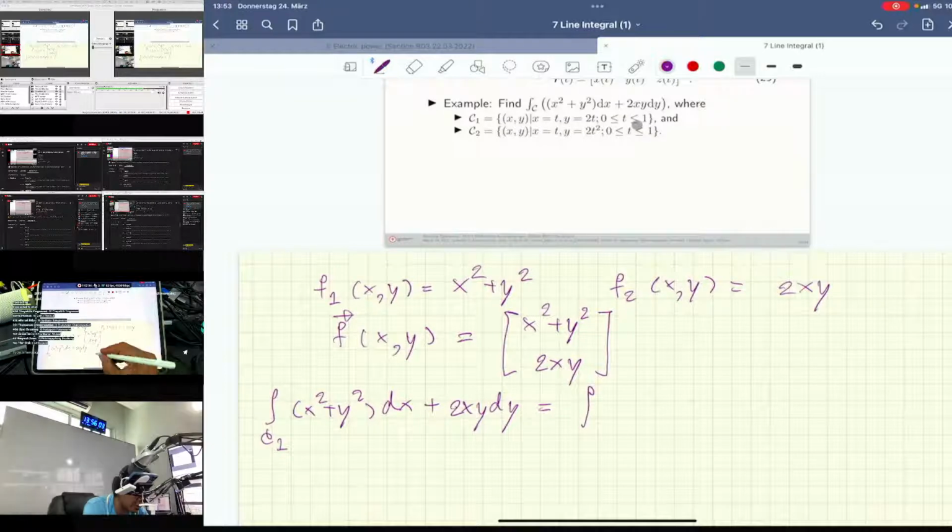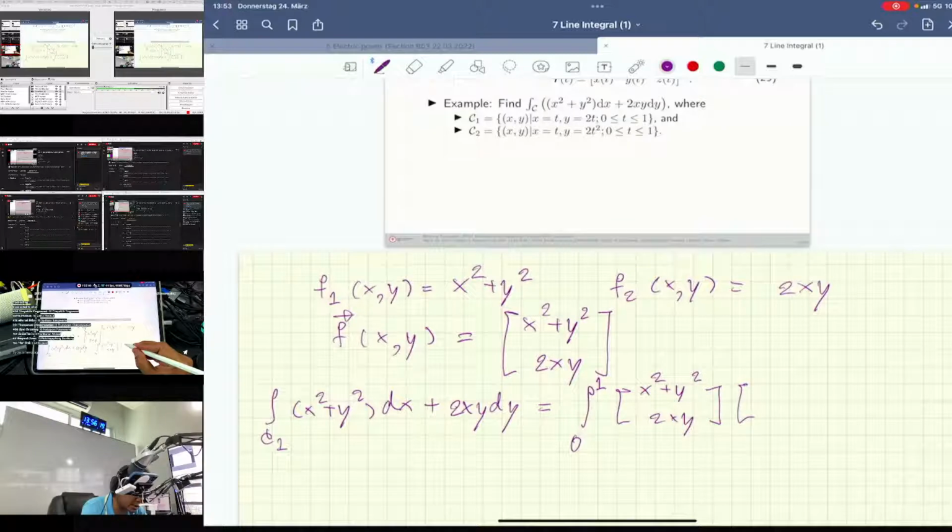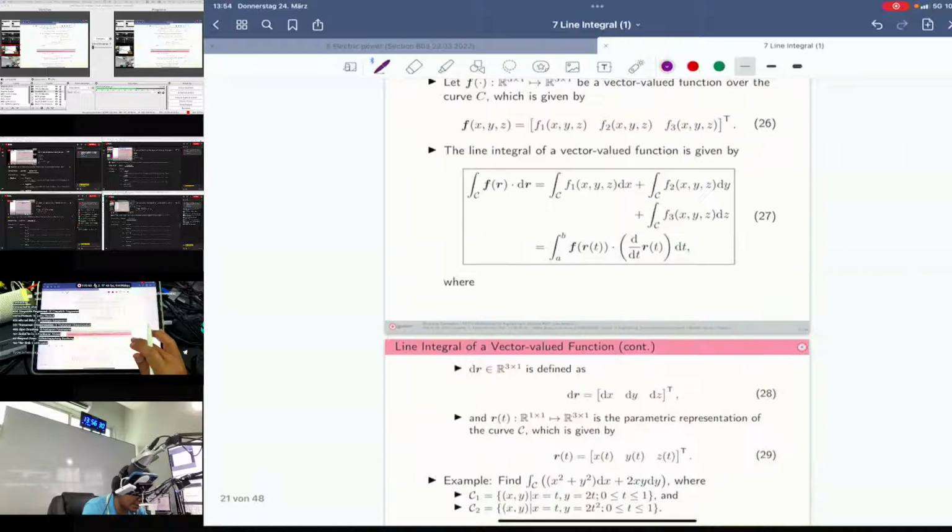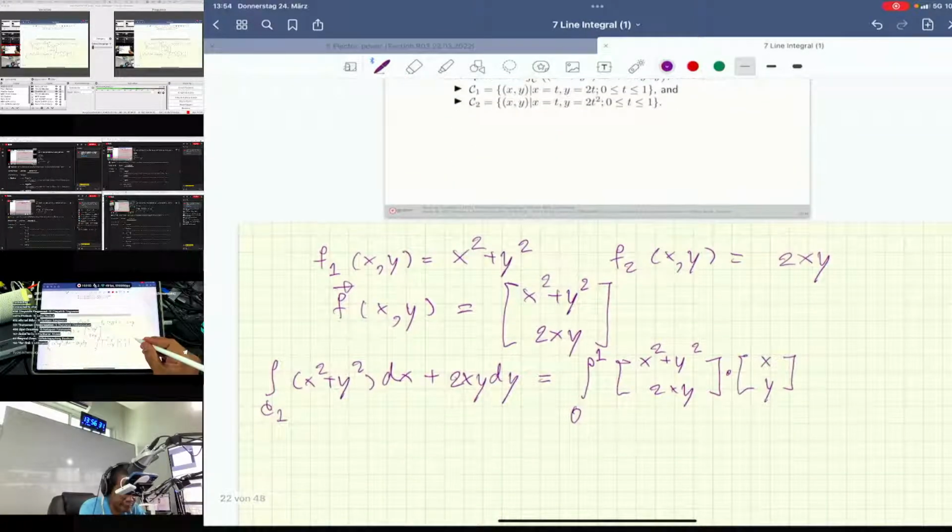So we have here 0 to 1 of this vector, which is x squared plus y squared and 2xy. And the next one is the derivative of the position vector, which is x and y, right? The dot product in dt, right? It's dt. And you know that x is equal to t and y is 2t.